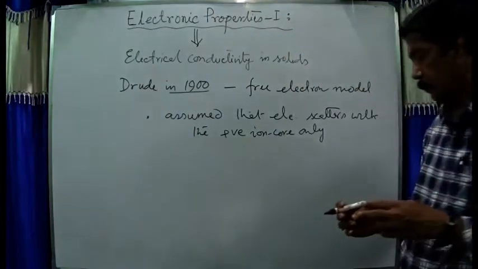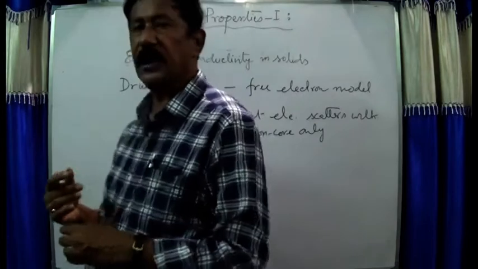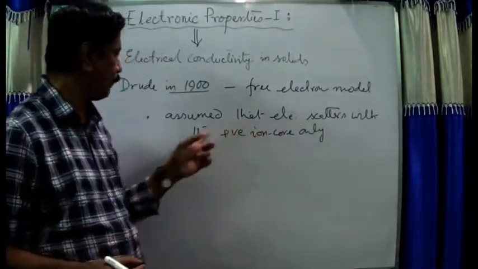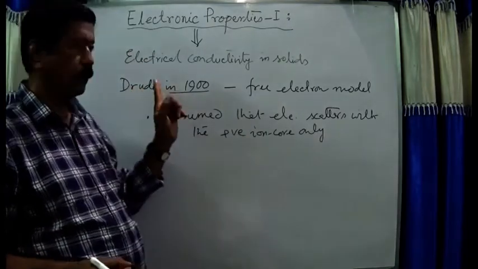So only there is a scattering phenomena of the moving electron with the positive ion core. It was the Drude proposal.